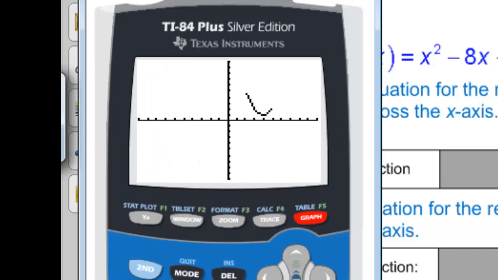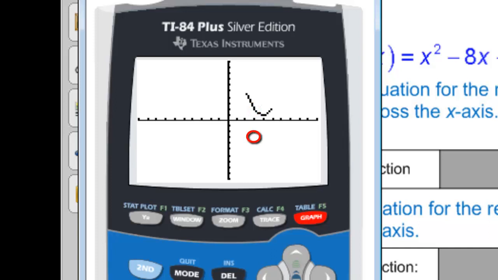And to reflect across the x-axis, we want to think about what's going to happen to the values of our graph. So for the x value at 3, we want to replace the y value with its negative.